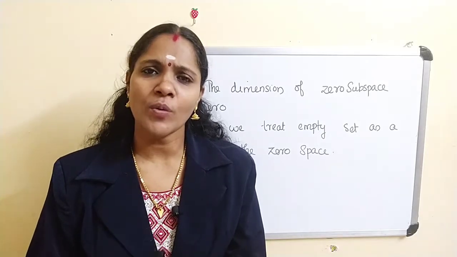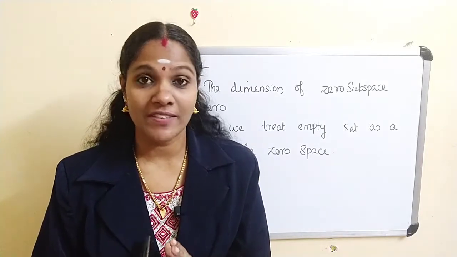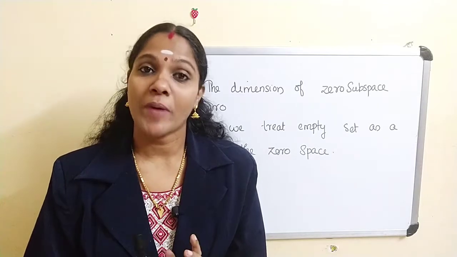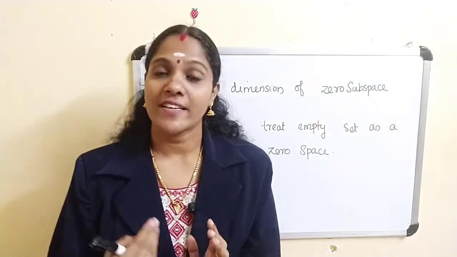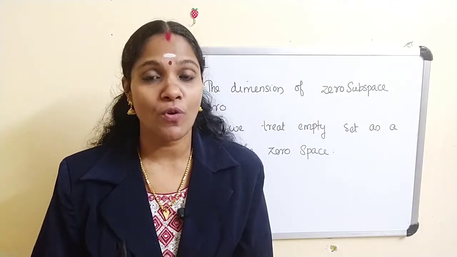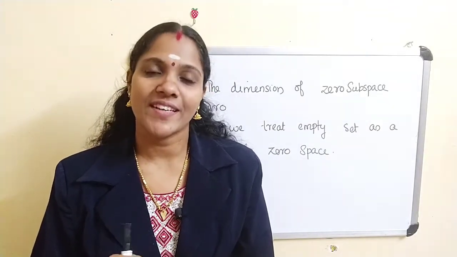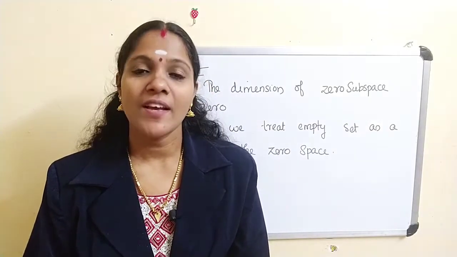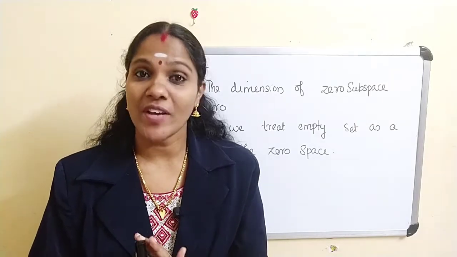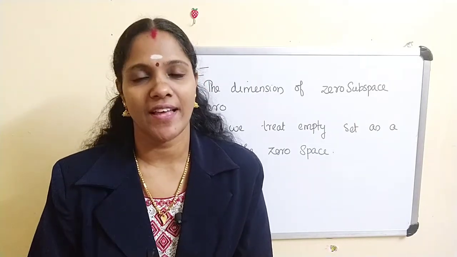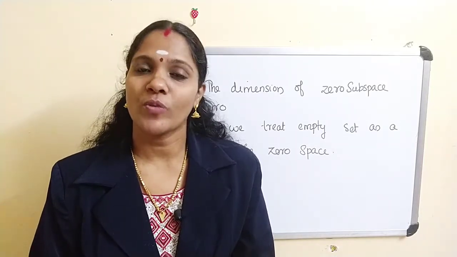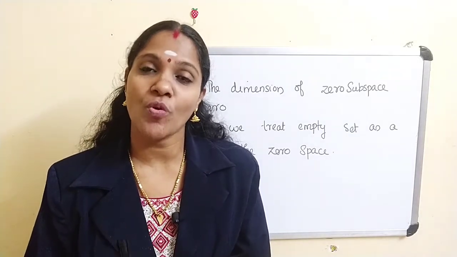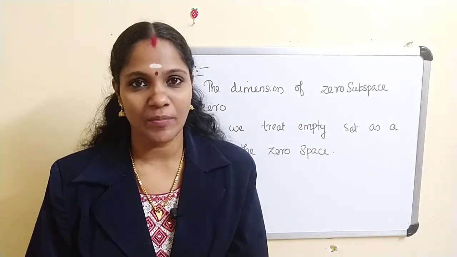Now what is the span of a set? Suppose S is a set; the span of S is the intersection of all subspaces of V which contain S. For the zero subspace we take the empty set as a basis. So what about the intersection of all subspaces of V which contain the empty set?